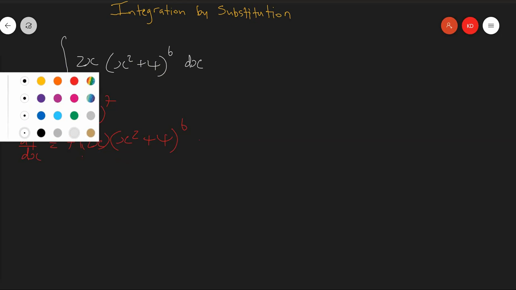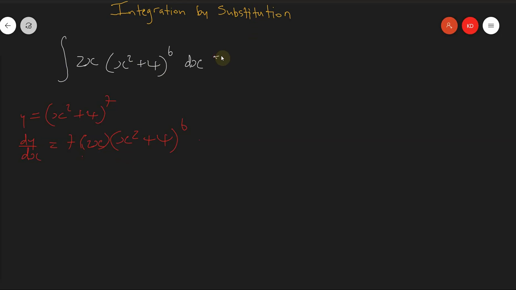So we could say that the integral of 2x times (x squared plus 4) raised to the 6th power is 1 over 7, since what we have here is 7 times what we have there.